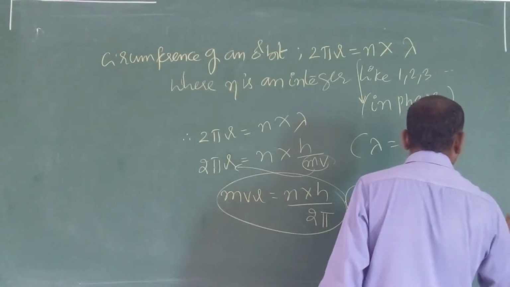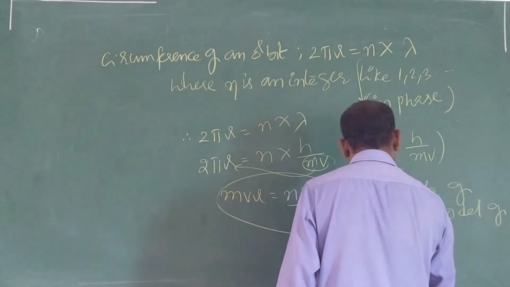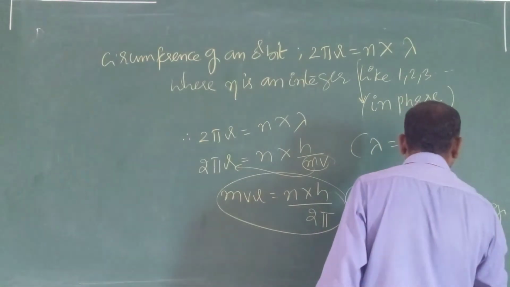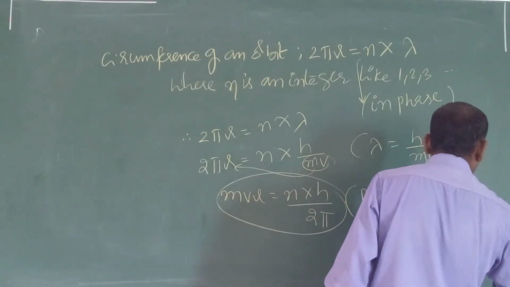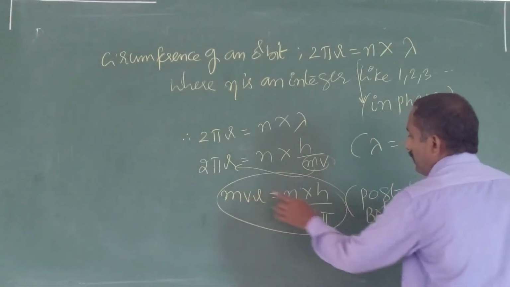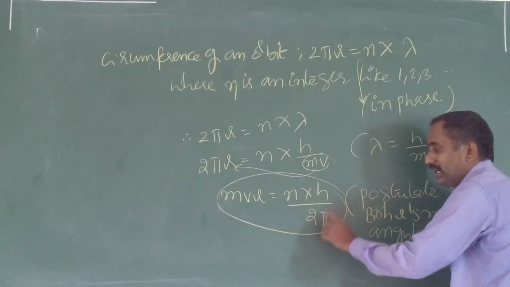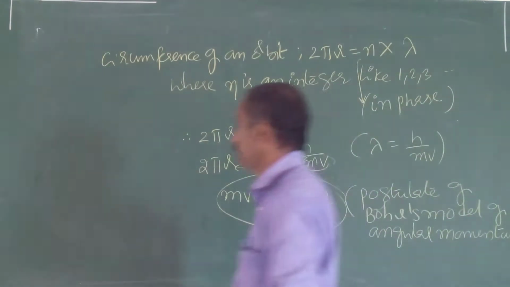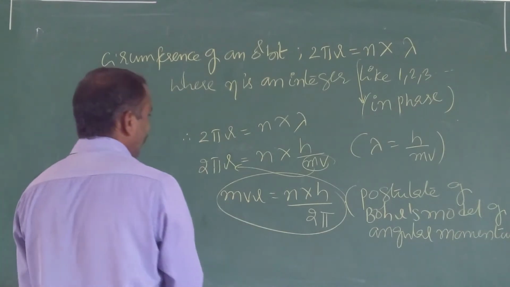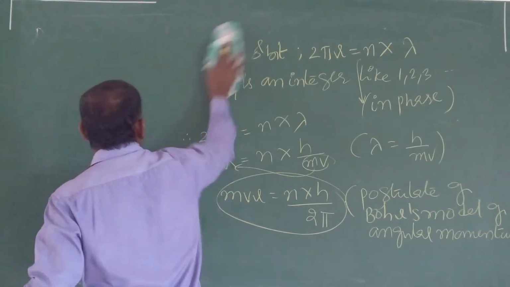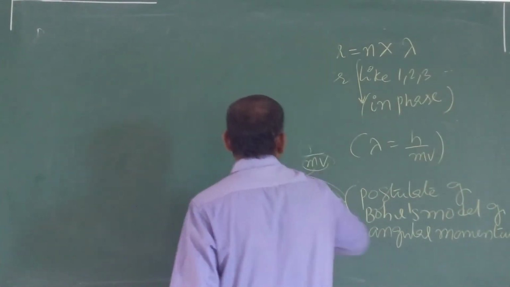So according to Bohr's theory, angular momentum of an electron is an integral multiple of h by 2 pi. So this is the derivation of Bohr's postulate from the de Broglie wave equation.